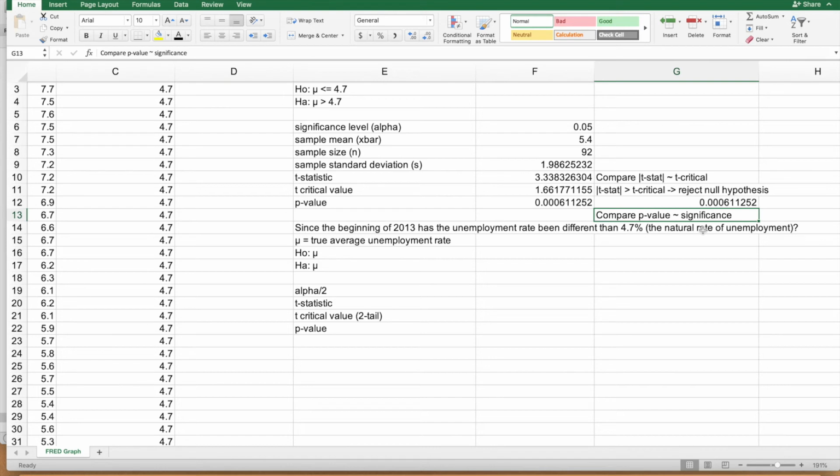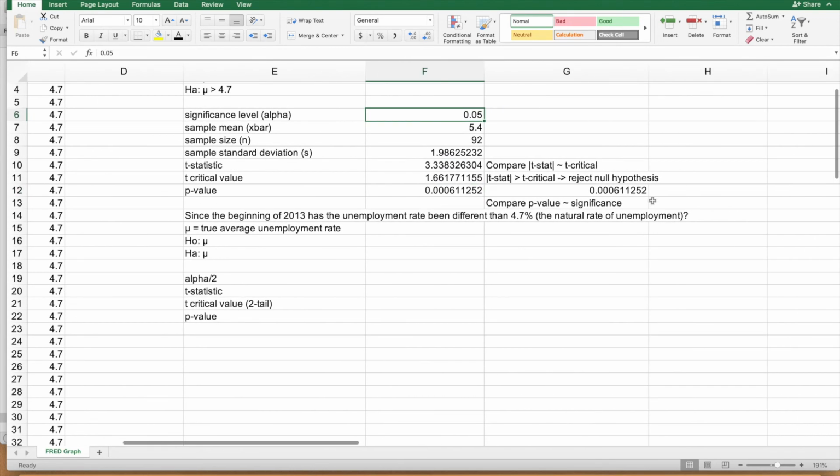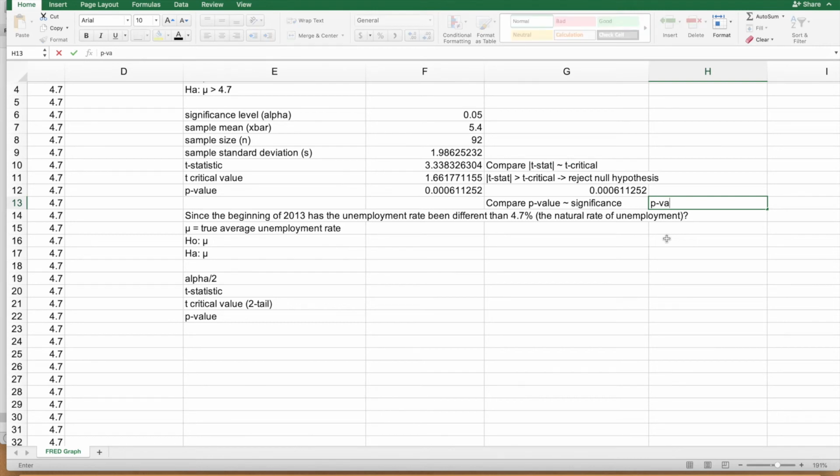But for now, in a one-tailed test, we can just directly compare this p-value to our significance level. We find that the p-value is less than the significance level, okay? And that means reject the null hypothesis. So that means we should reject.